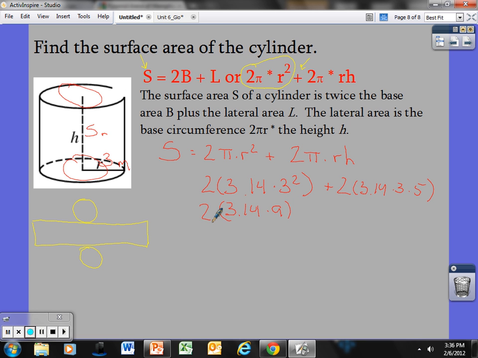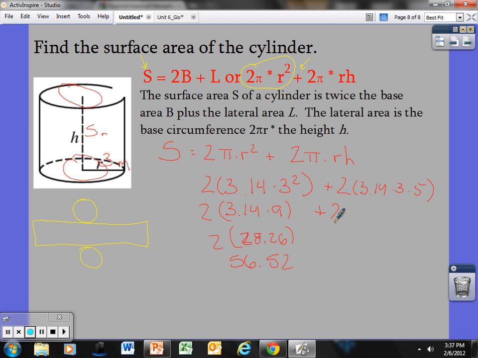Okay, times that by 2. So I go 3.14, or pi, times 9 is equal to 28.26. I times that by 2, and I get 56.52.